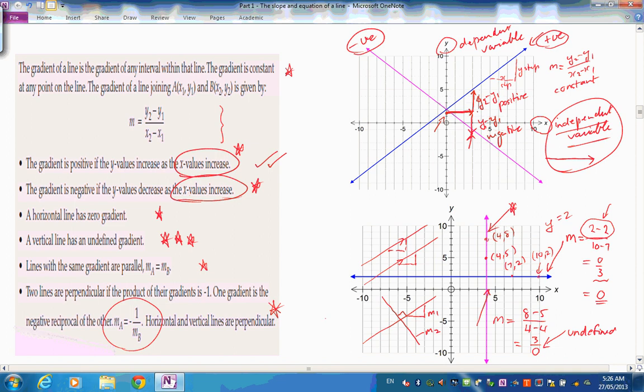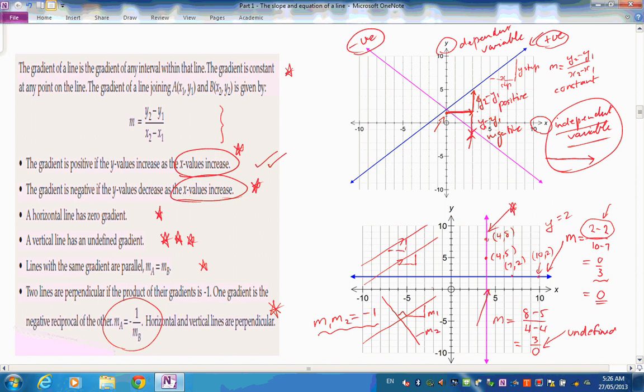Or m1 times m2 must equal negative 1. Okay, so we won't do the proof here, but we will touch upon that again later on. So the product of slopes being negative 1 means the lines will be perpendicular.